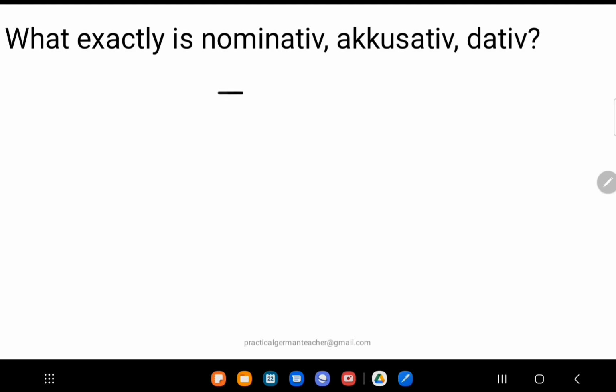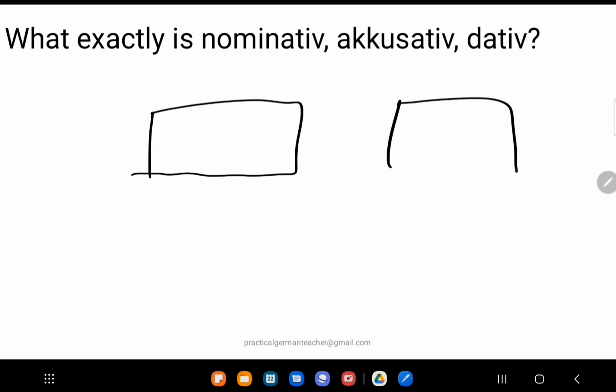What I want to teach you now is that whenever you are using genitive, I think A to E, you should know. So you use genitive when you want to say this something of someone.